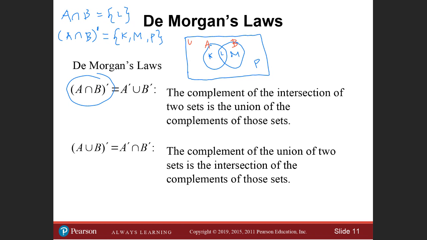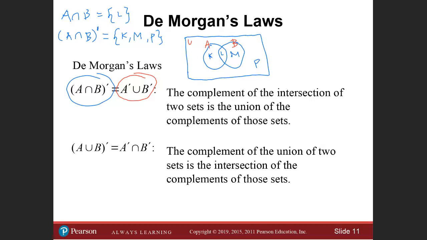Okay, now let's work on the right side of the De Morgan's. What we're trying to do here is to prove whether this De Morgan's law is valid or not, so we can use this in some of our calculations later.